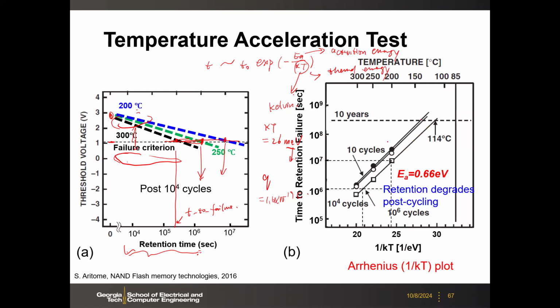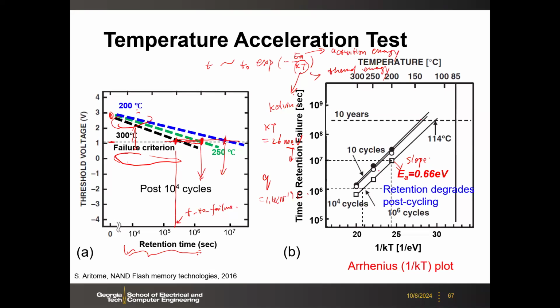And the slope here is the EA. You can extrapolate the EA from this plot. So here you get three points.